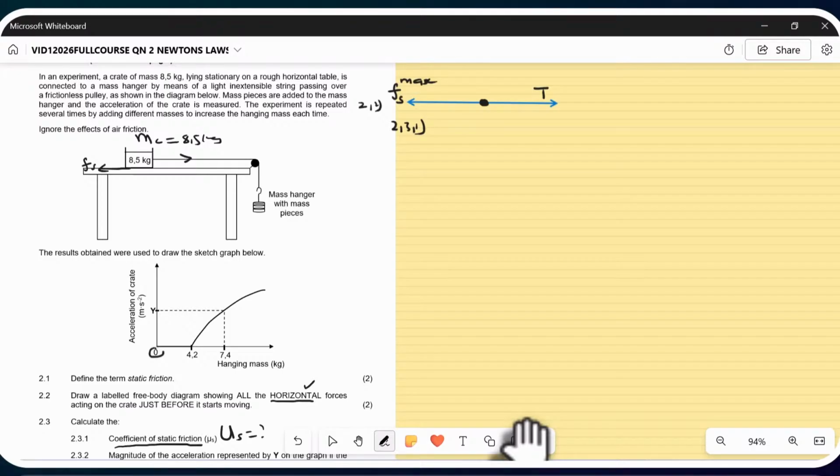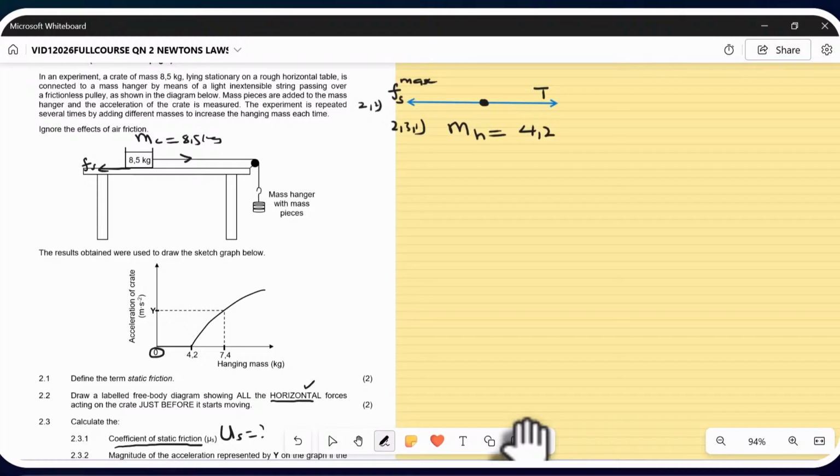So in that case, the mass on the hanger is going to be 4.2, because it has zero acceleration. The mass of the hanger is 4.2 grams.